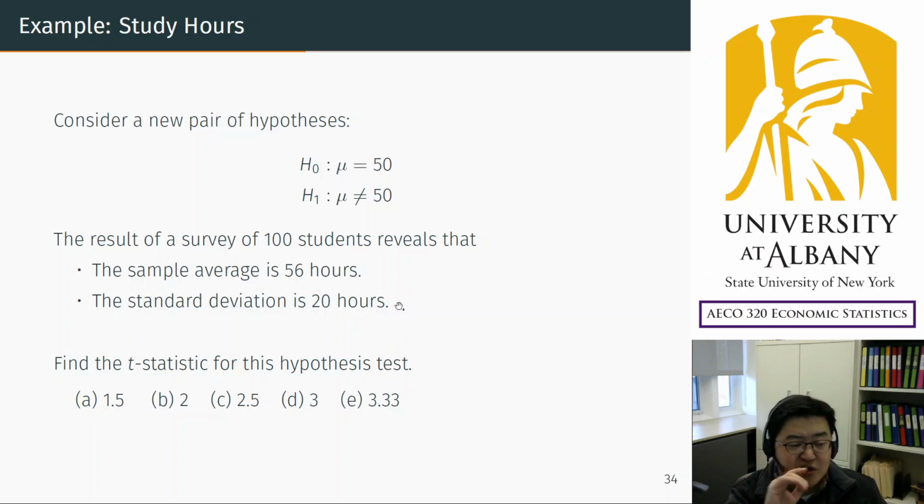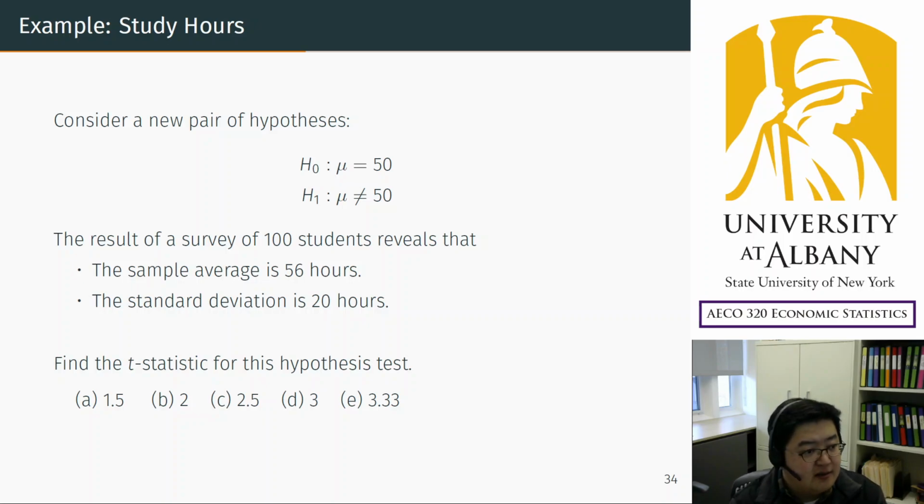In the end, the derivation and the underlying concept are quite confusing, but in the end, the application is pretty simple. So first, find the t-statistic. You may go back to the previous pages to see the formula for the t-statistic. The idea is we are looking for the standardized difference between your observation and your belief, right?